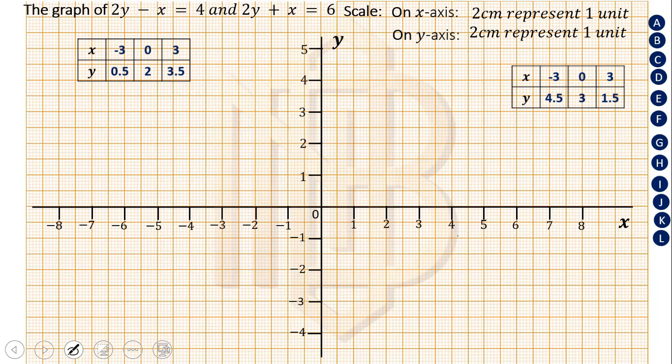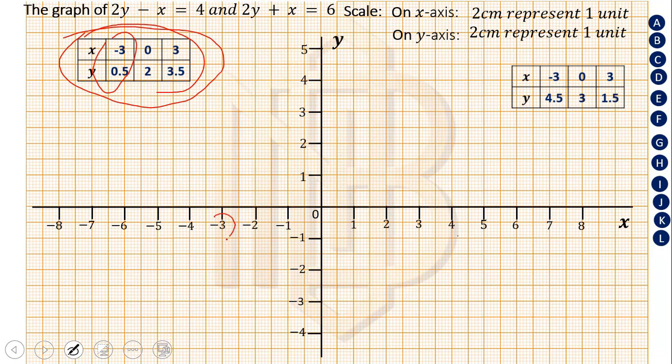The next thing is to start plotting the points, starting with the first equation to plot the graph. So we first of all pick the first point. That's -3 and 0.5. That's when x is -3. You check the x-axis.